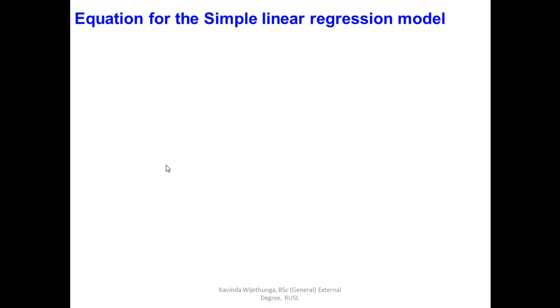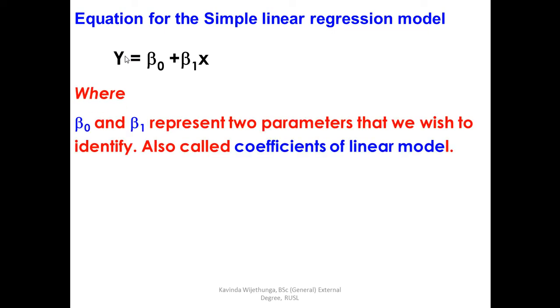And the equation for the simple linear regression model. So this is the general equation, y equals beta naught plus beta 1x, where this one is the intercept and this one is the gradient, and this is the independent variable and this one is the dependent variable. Beta naught and beta 1 are the two parameters that we wish to identify, also called coefficients of the linear model.